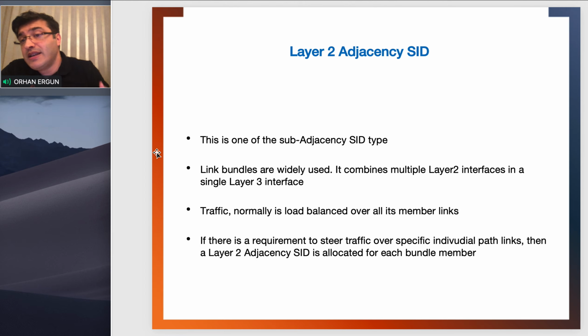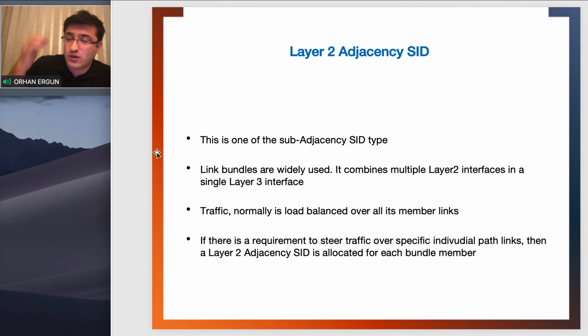Or maybe mice-elephant flow separation inside the data center when you have layer 2, though we don't much use layer 2 bundles inside those, especially large scale data centers where you need to worry about mice and elephant separation. In the smaller scales we don't much need it, and in the large scale ones we don't much have layer 2 bundles. So we have layer 3 interfaces, guys.